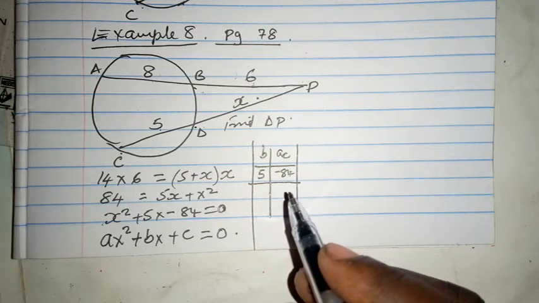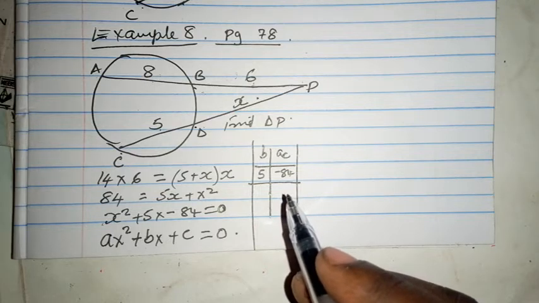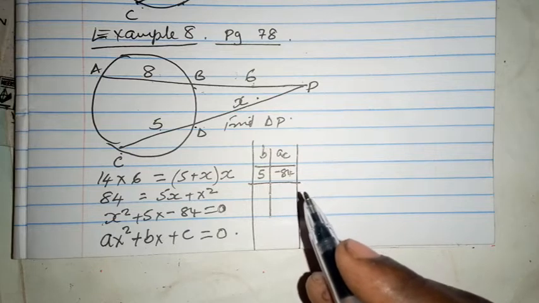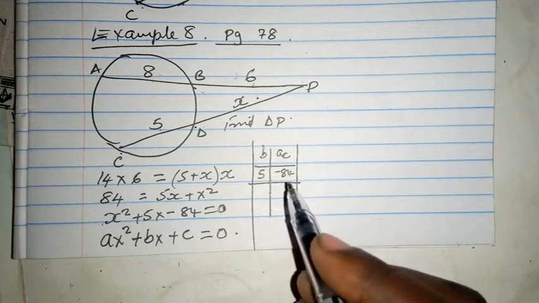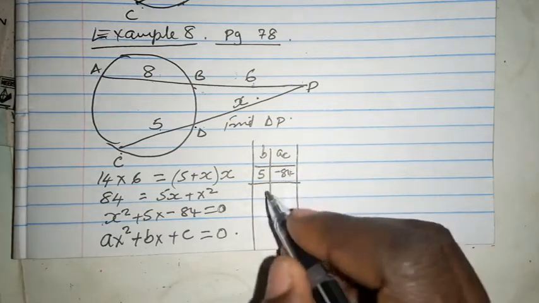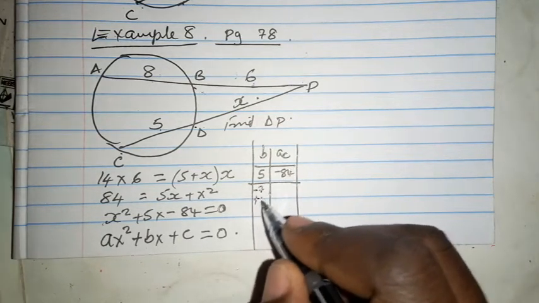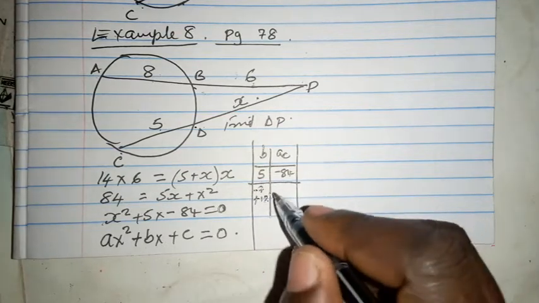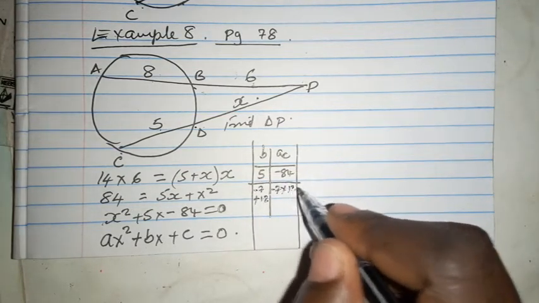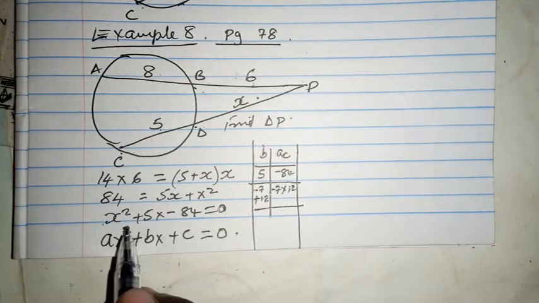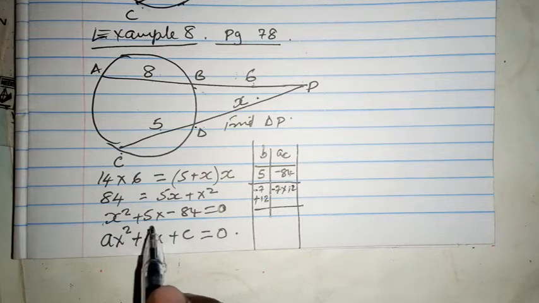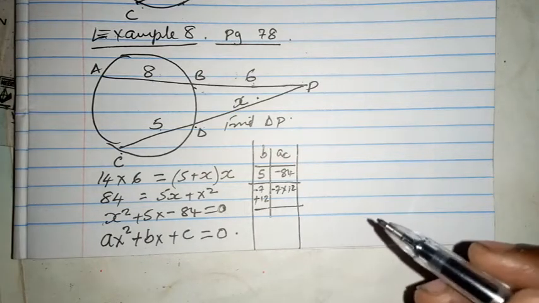So it is minus 7 and 12, such that minus 7 plus 12 is positive 5, and minus 7 times 12 is negative 84. Having acquired that, we break the middle term, 5, and substitute it with the two factors that we have found.